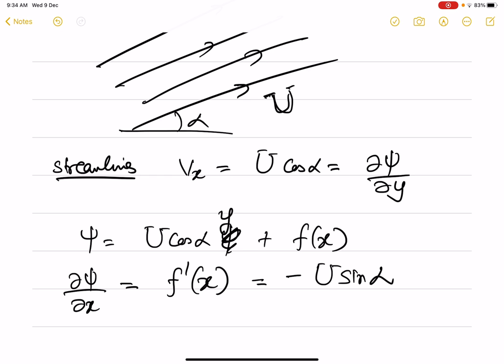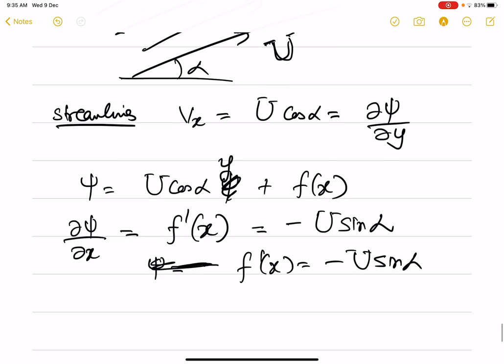And therefore, if we now integrate this, we will get psi is equal to, or this is f prime of x, sorry, is equal to minus U sin alpha. So integrate this, we get f of x is equal to minus ux sin alpha plus a constant.